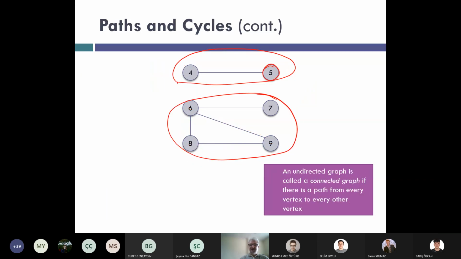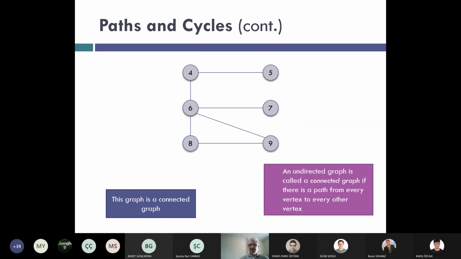But this graph is connected, but still it contains a cycle, so it is not a tree. But if I remove one of these edges, then the graph is a tree. But the trees that we have seen so far are rooted trees, and we draw them like this, right? For example.